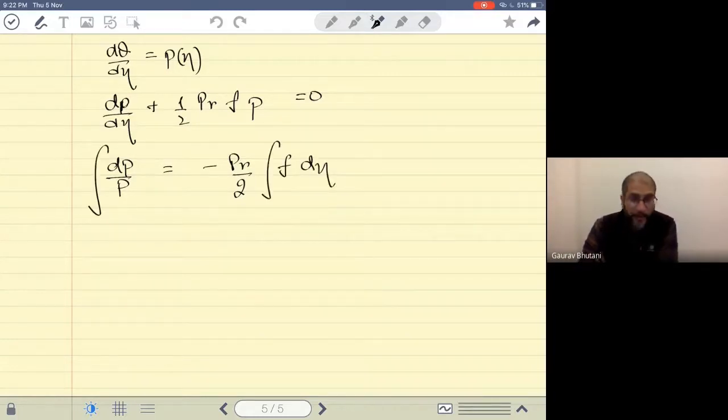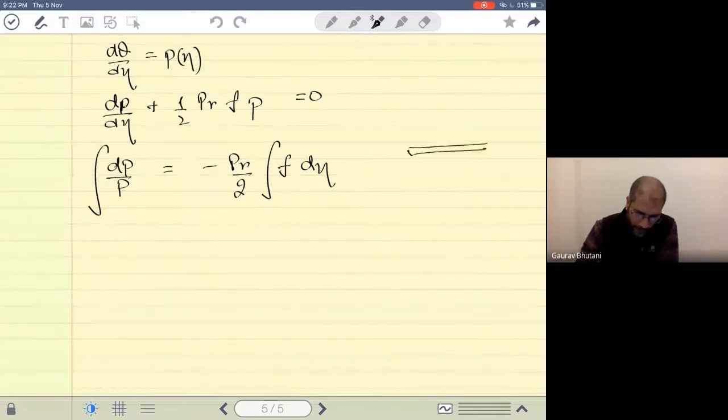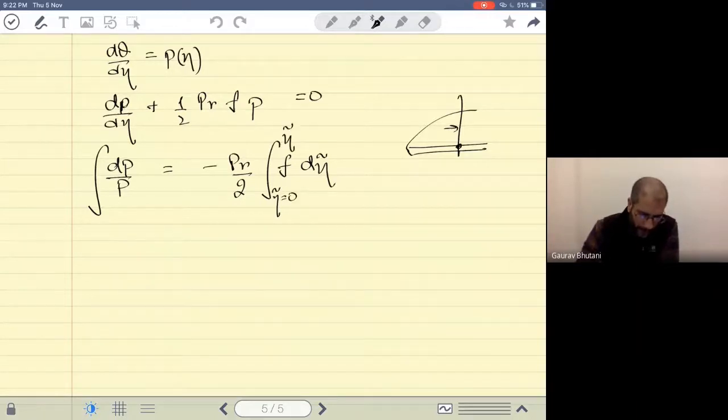Now remember that f is a function of eta, so that has to stay inside the integral. And this has to be integrated, we're talking about the boundary layer, from 0 to some eta. So let's call this eta tilde. We integrate this from eta tilde equal to 0 to eta tilde equal to some eta.